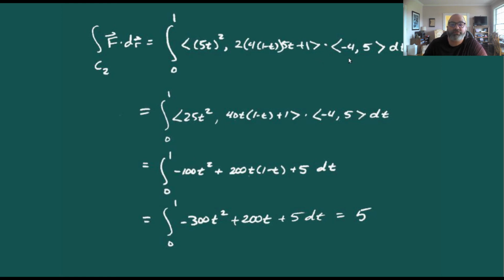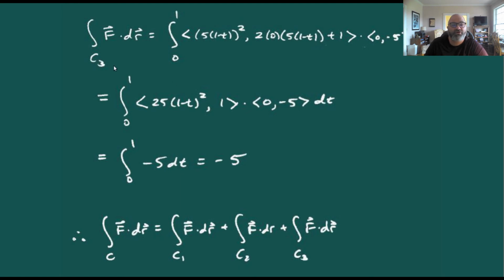Our derivative was just (negative 4, 5) for that one. Simplifying these expressions and doing our dot product results in an integrand of negative 300t squared plus 200t plus 5, integrated from 0 to 1, which results in an integral of 5.